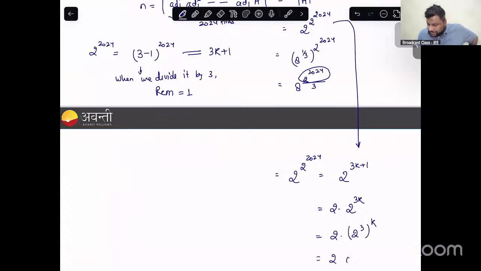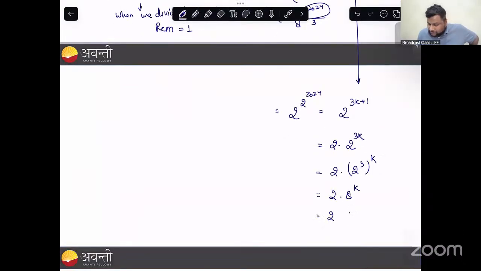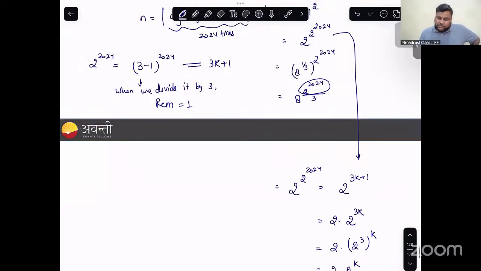That is 2 times 8 to the power k, correct? Which can be written as 2 times 9 minus 1 to the power k. Now there is a new challenge for me: this k, is it even or odd?